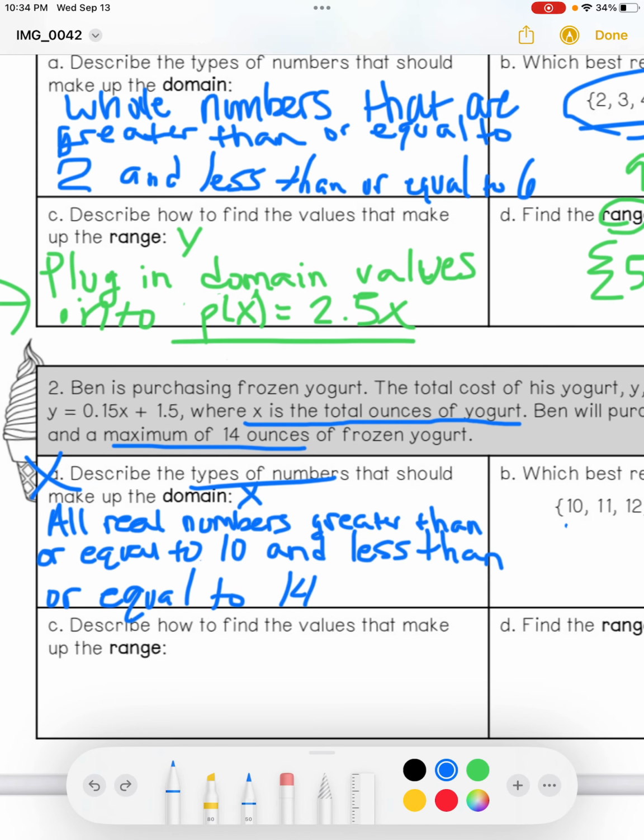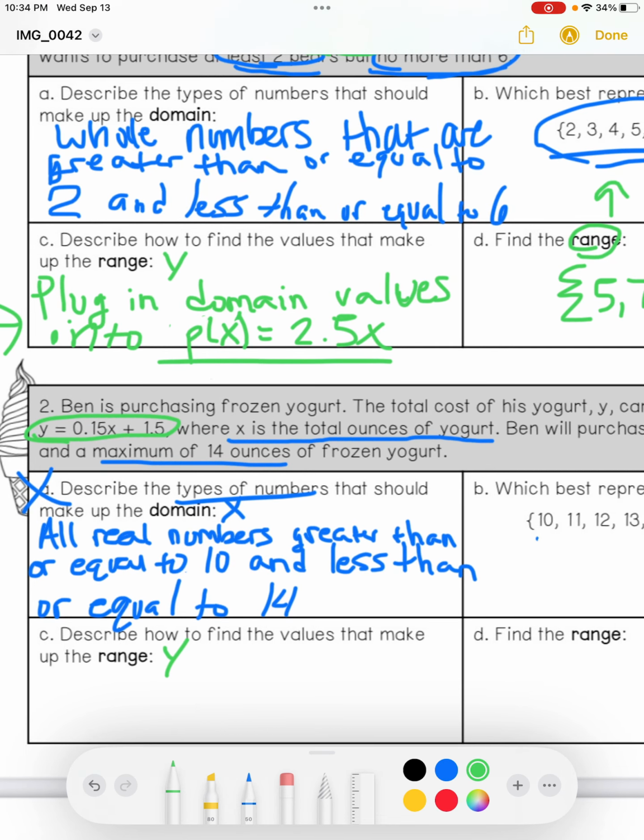All right. Part C, how will you find the range? Remember from question 1, I said it's always going to be the same. You find the range by plugging in your domain values into your equation, okay? Because we said, well, range is what? It's y. And if we look up here, I have an equation that says what y is equal to, right? And y stands for the total cost. So the range is going to tell me what my cost can be, right?